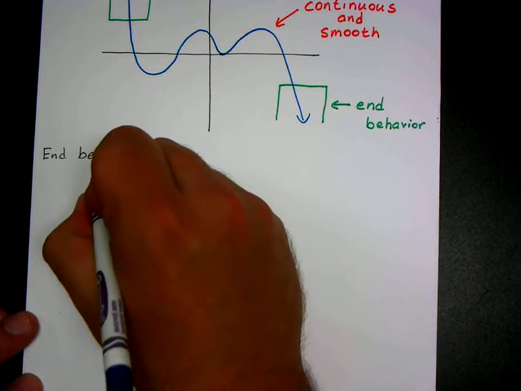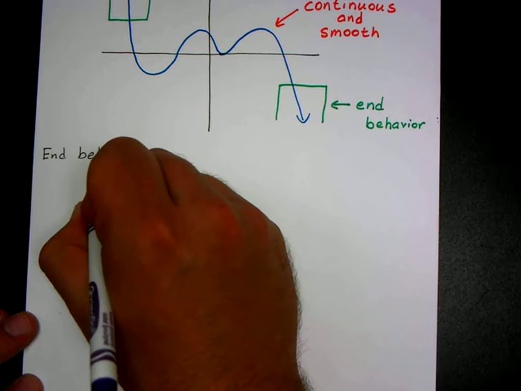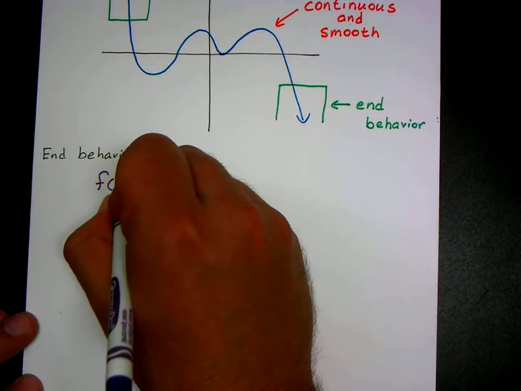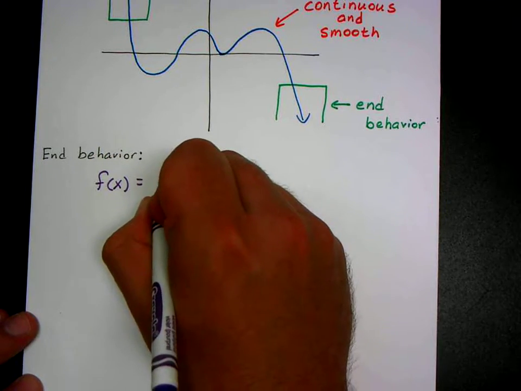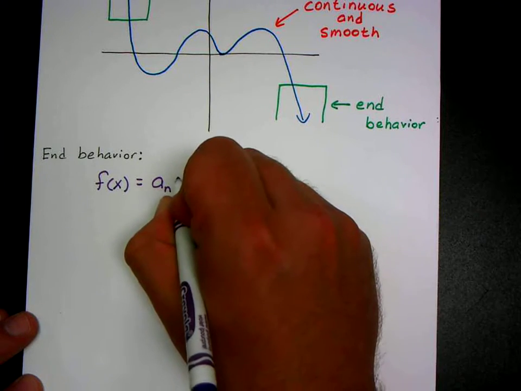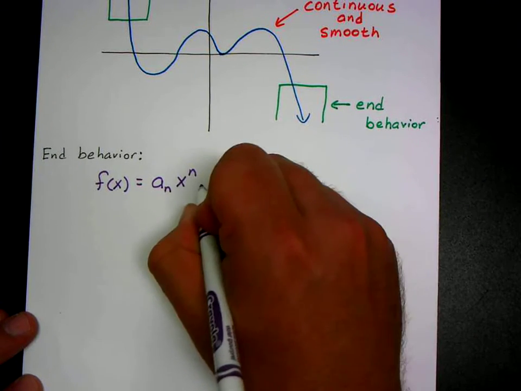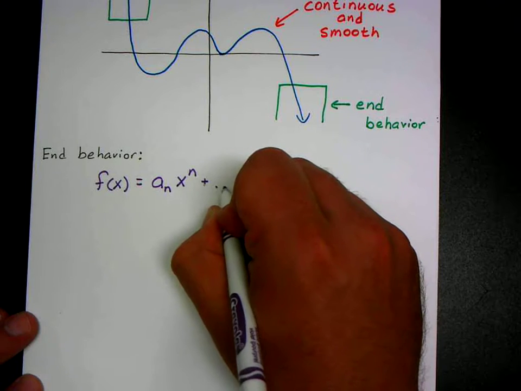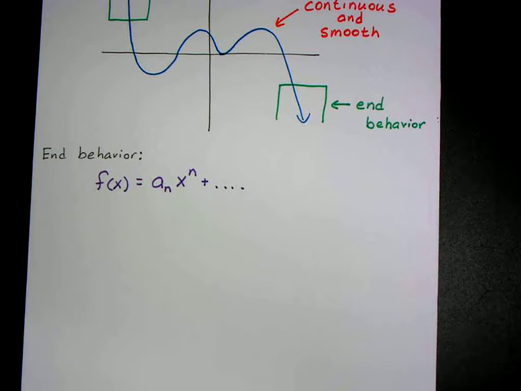Okay, so if we have a polynomial, so we had this general formula the other day. Now, I don't care about any of the rest of it. Whenever we're talking about end behavior, the only thing that matters is that first term. All we care about is the degree of the polynomial and the leading coefficient.